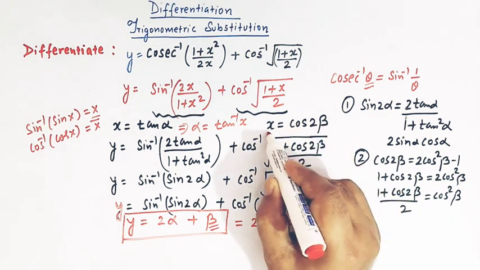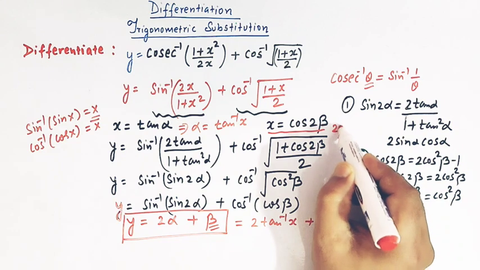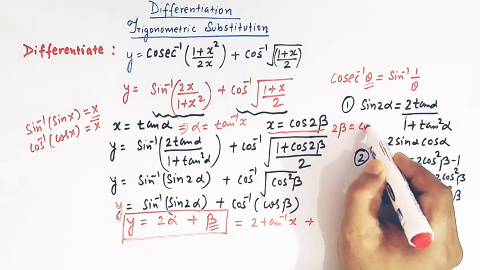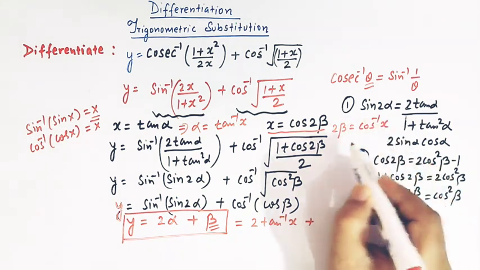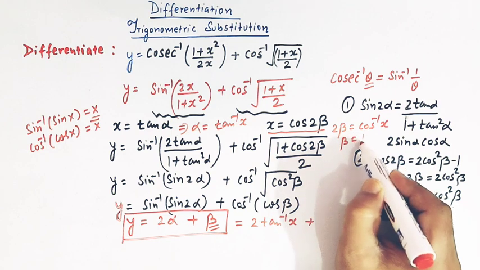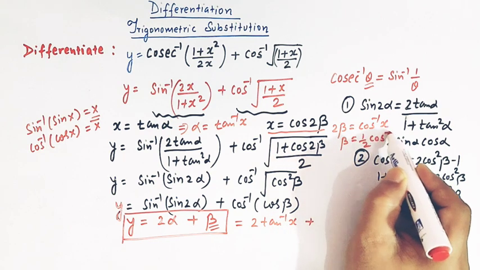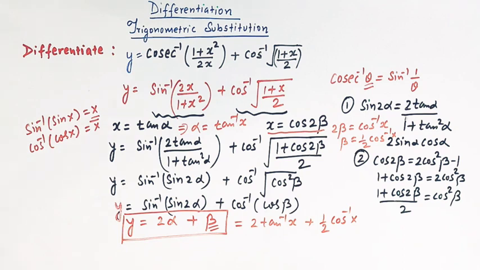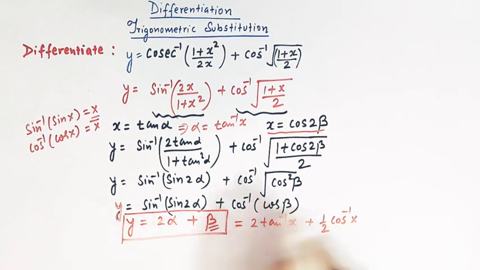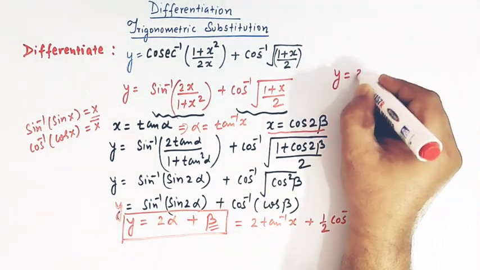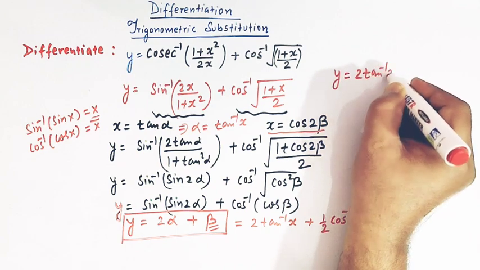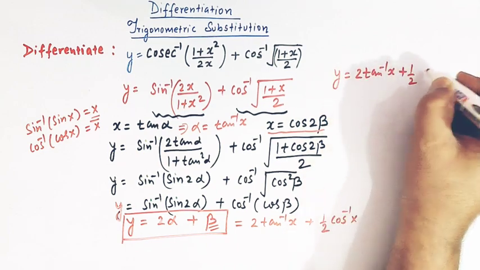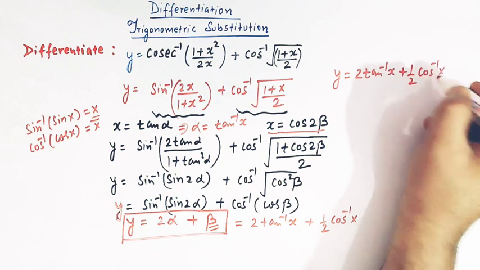So from this result we have 2 beta is equal to cos inverse of x, and beta is equal to half cos inverse of x, right? So here we can write half of cos inverse of x, right? So now we have y is equal to 2 tan inverse x plus half cos inverse x, right?